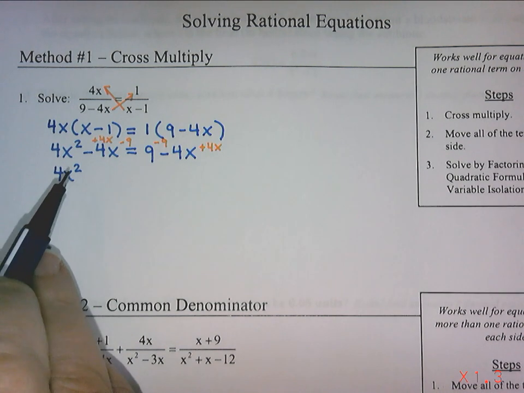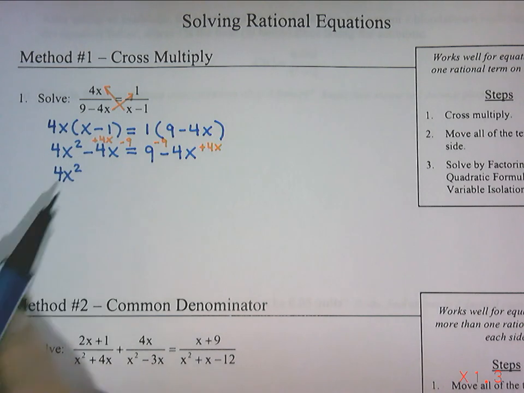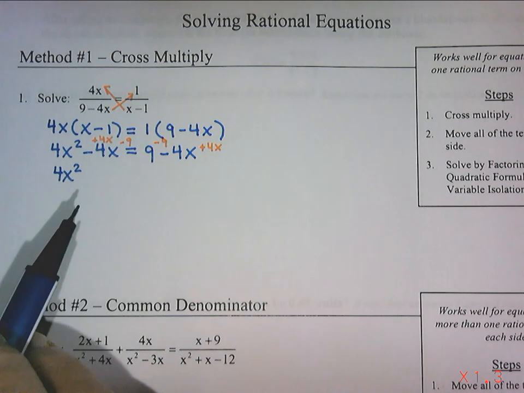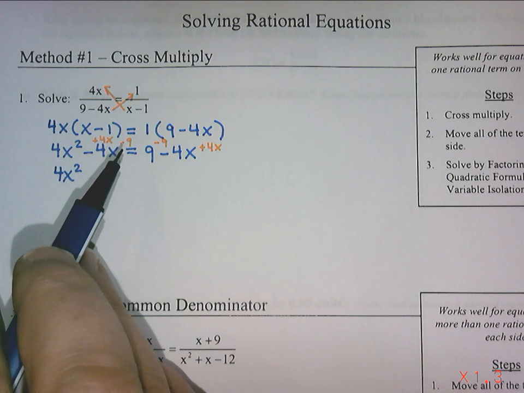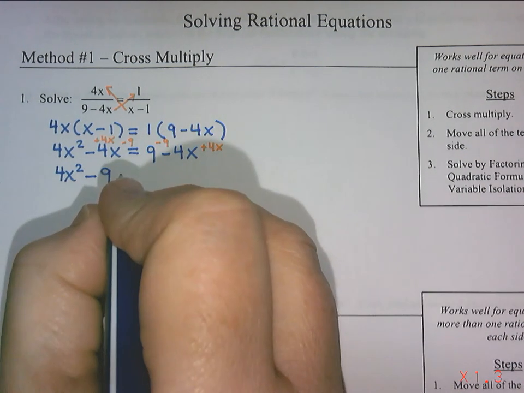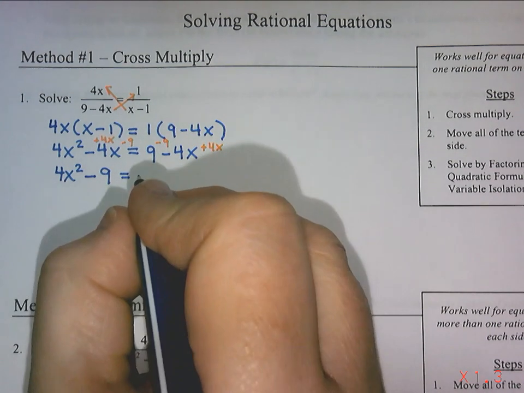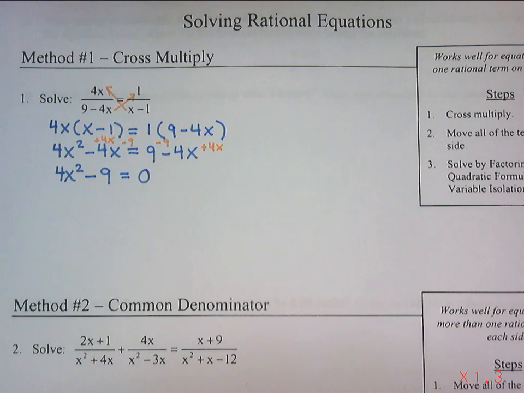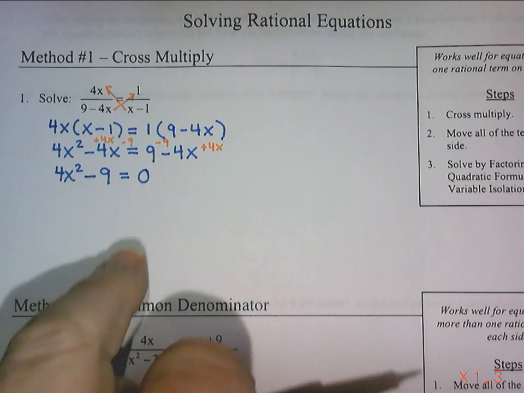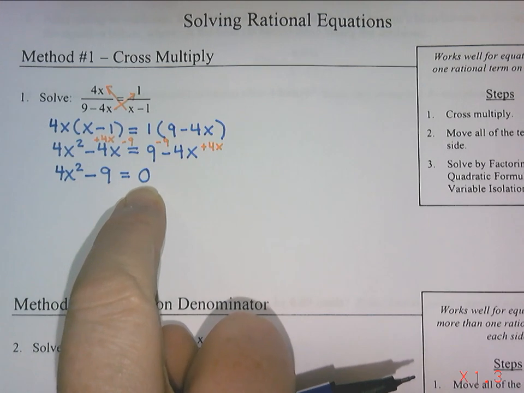So we're left with 4x squared on the left. Negative 4x plus 4x is 0, so that's gone, and then I just have negative 9. On the other side of the equal sign, there's nothing left, so I'm going to write that there's a 0. Anytime we're solving by factoring or the quadratic formula, we always want that to be a 0.